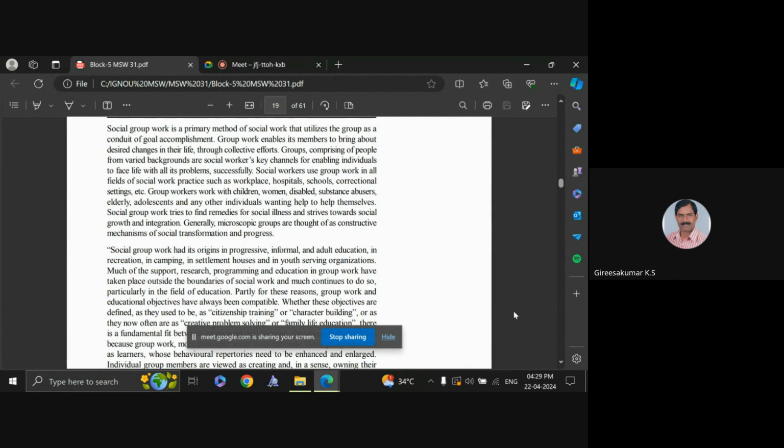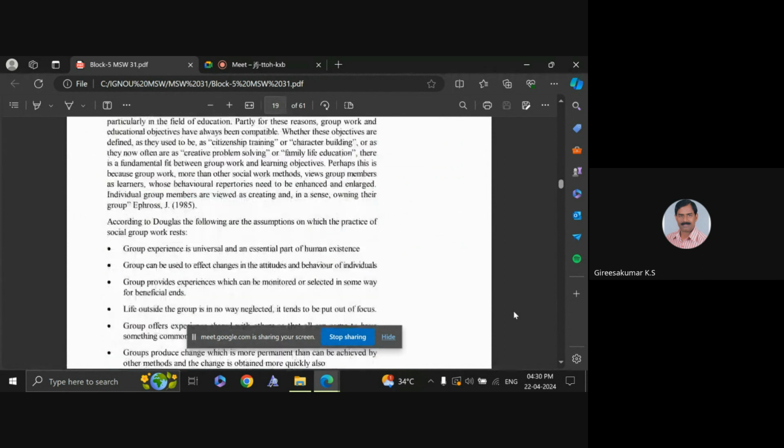These are all the people social workers face. Hence, they need all these skills. There are some assumptions on which the practice of social group work is universal, and it can be used to affect changes in attitudes.